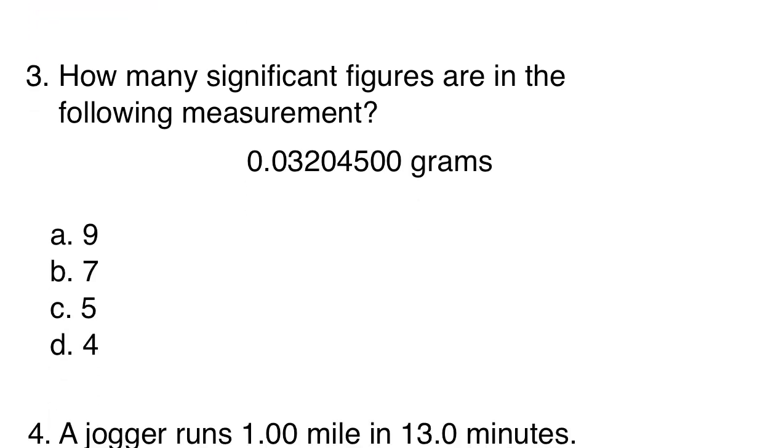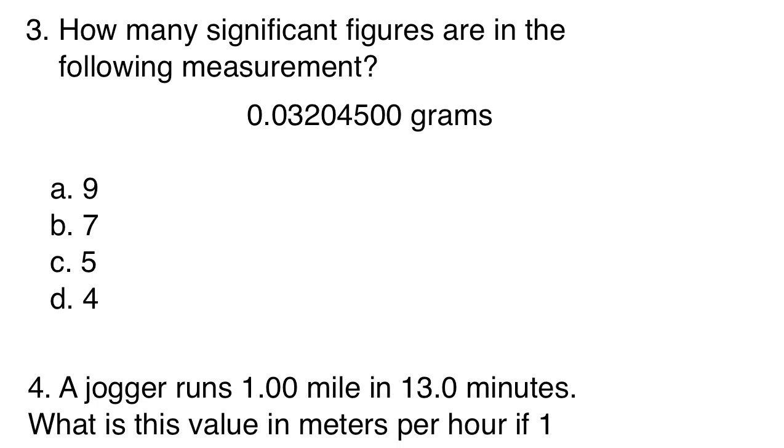Number 3, how many significant figures are in the following measurement? You should have been able to answer this very quickly, provided you know the rules. So the first two zeros are leading. Leading zeros are never considered significant, so they drop. The 3 and the 2 are non-zero digits. Any non-zero digits are significant, and so the 4 and the 5 would also be counted.